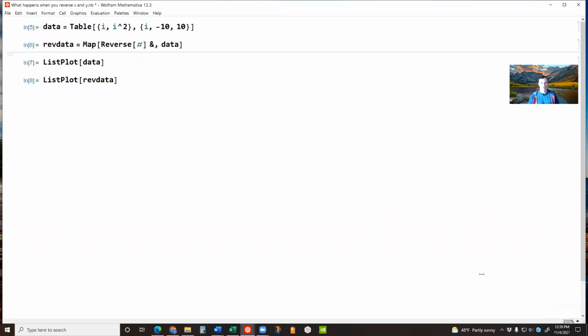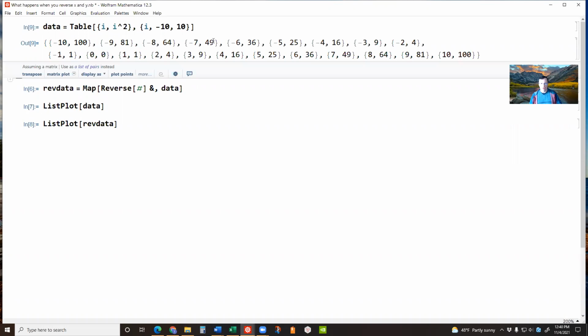Let me boost this up a little bit. This is a piece of software I use in areas of my life where I need a bit more technical information. Let's say I produce some random data here. I'm making a bunch of XY coordinates. I have -10 and 100, -9 and 81, and so on.